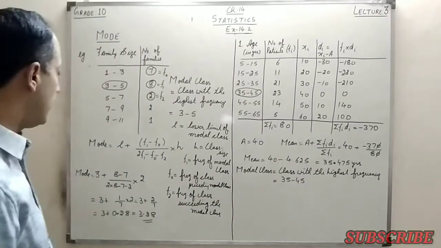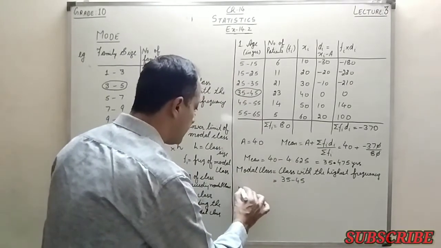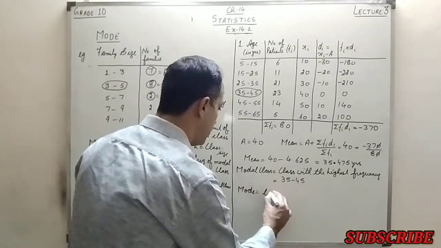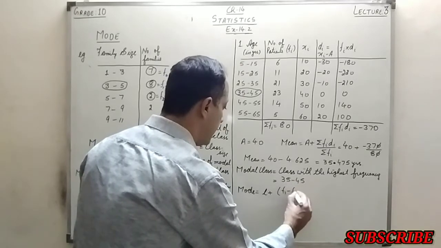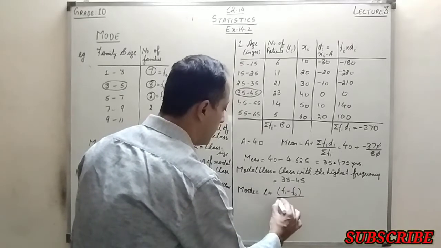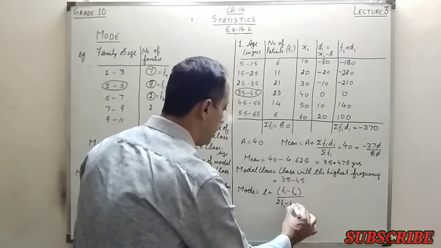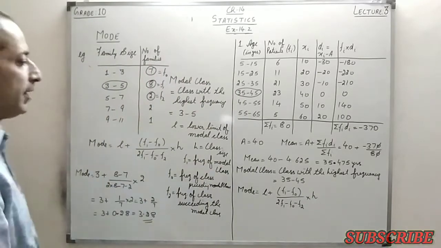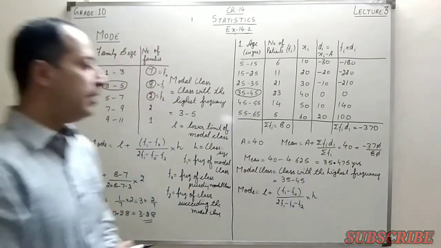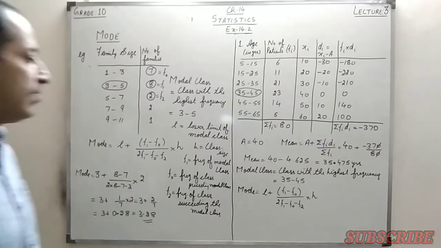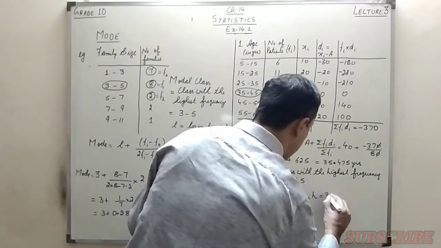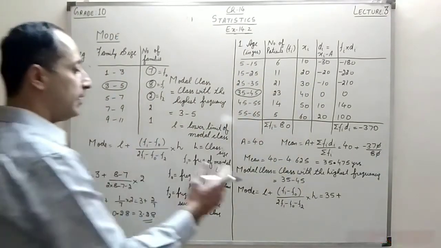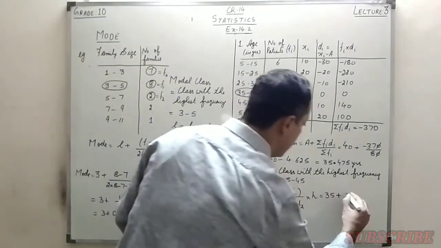Now let's write the formula for the mode, and we know that mode equals L plus (f1 minus f0) upon (2f1 minus f0 minus f2) multiplied by h, right? Substitute the values. Now L is basically the lower limit of the modal class, so this is 35 plus. Now f1 is basically the frequency of the modal class and that is 23.